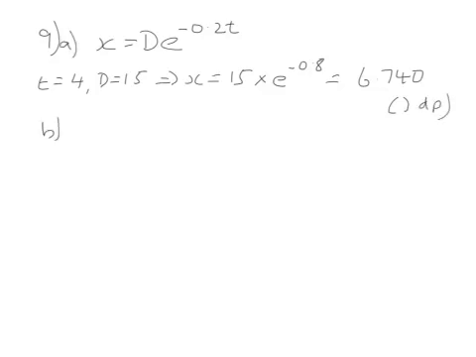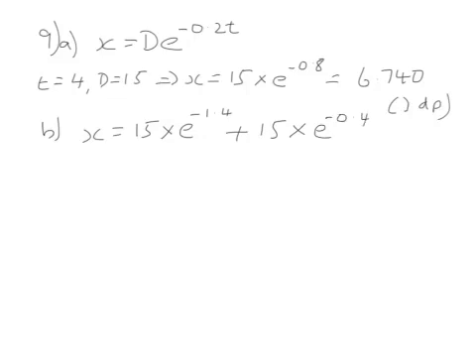Now in part B we've got to work out how much is in the bloodstream 2 hours after the second dose is given. So that's 7 hours after the first dose is given. So x is 15 times e to the, and then it's 7, so it's minus 1.4. That's for the first dose, plus then the second dose of 15, and that's going to be multiplied by e to the, and then it's 2 hours, so it's minus 2 times 0.2 is 0.4.